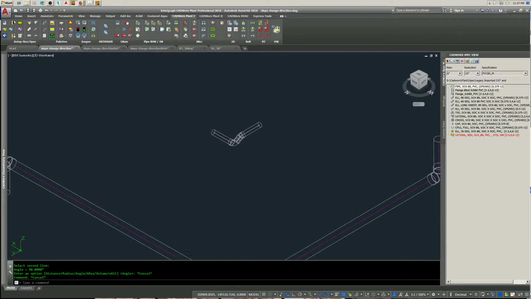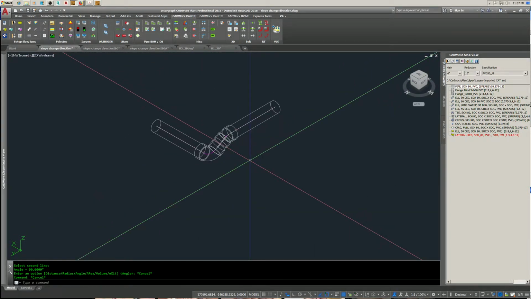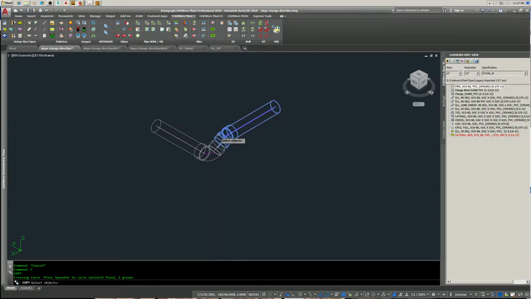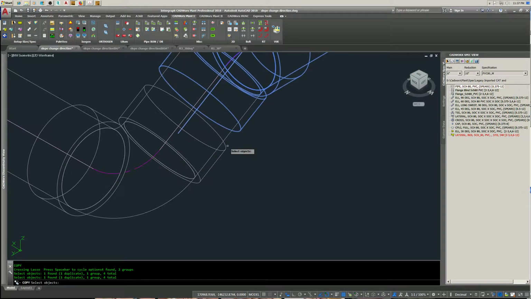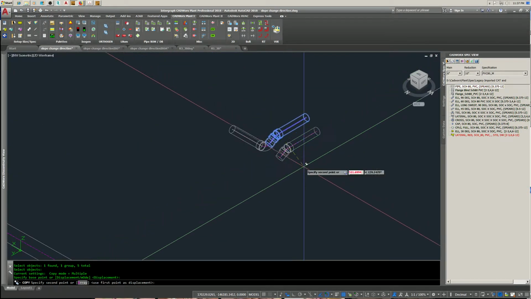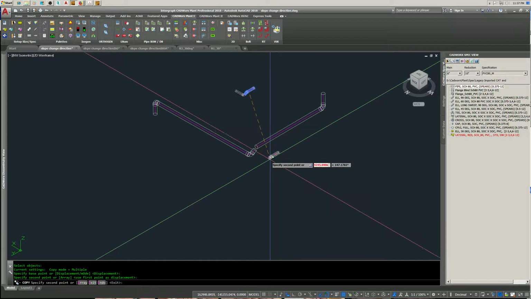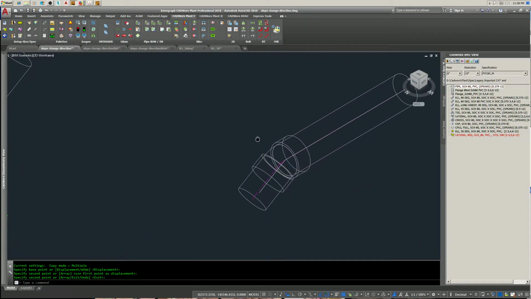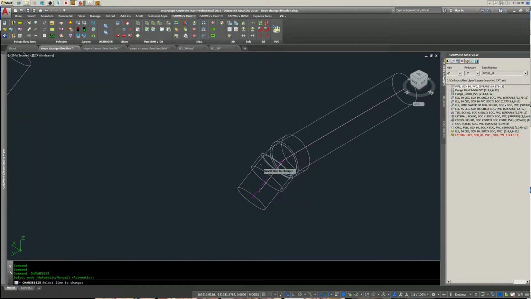And now we'll copy the other half of this down. We want that like the pipe. So change size. Again, you want to use a straight run for entity or a component to keep position.